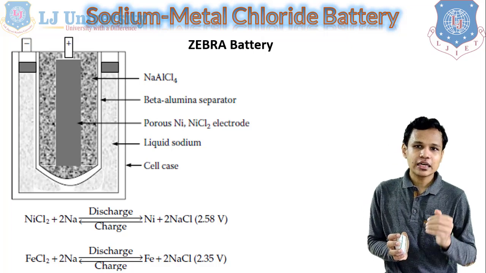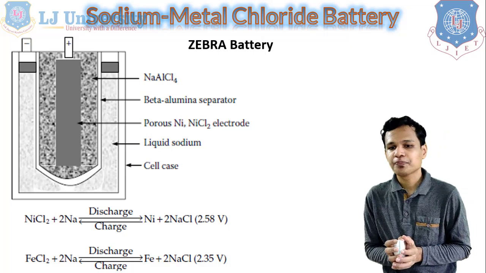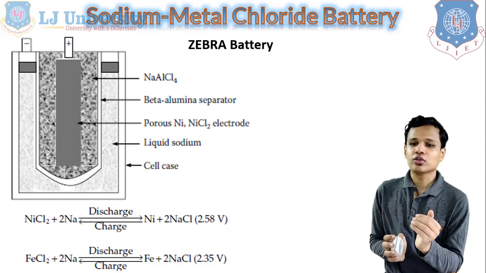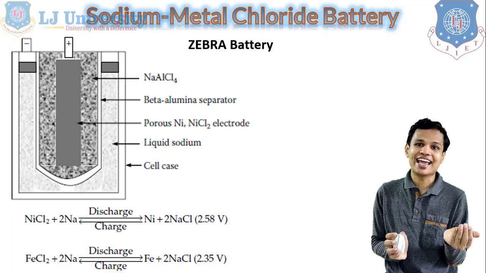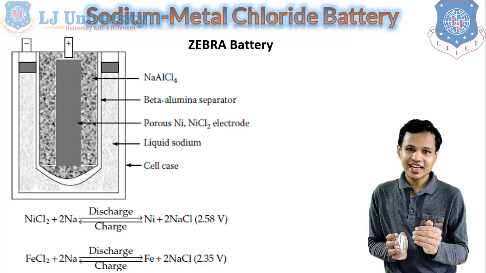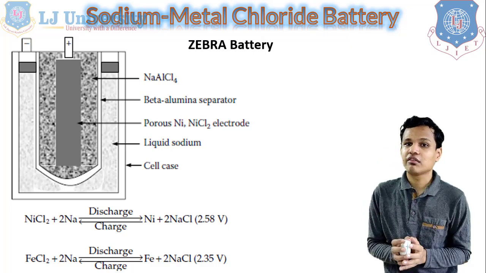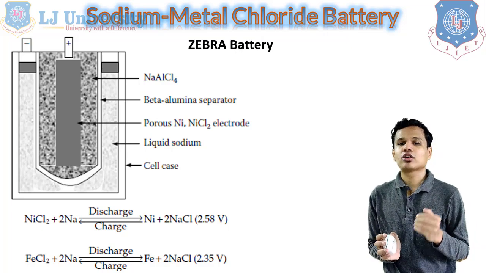The nickel chloride or the porous nickel material will be used as a positive electrode. In the case of the negative electrode, liquid sodium is used, the same as earlier in the sodium sulfur battery.